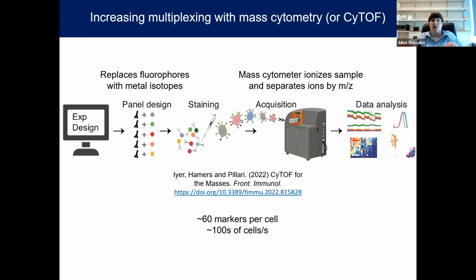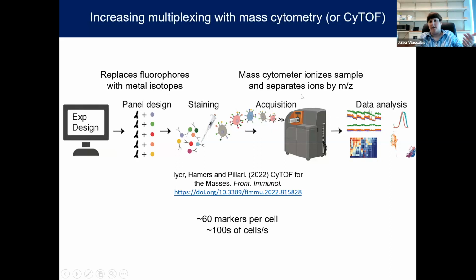So this is essentially a mass spec readout of a targeted protein, an antibody-based immunoassay. So don't think of it as direct mass spec of the proteins, but mass spec of labels on the antibodies. Okay, so mass cytometry essentially replaces the fluorophores bound to the antibody with metal isotopes.